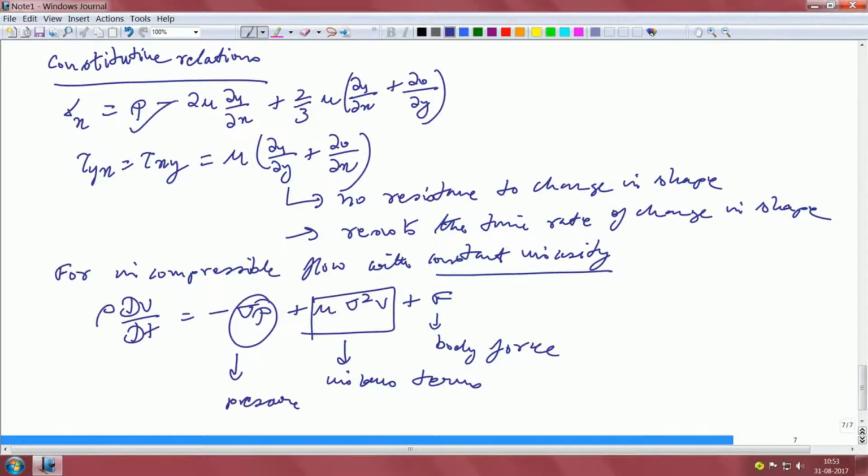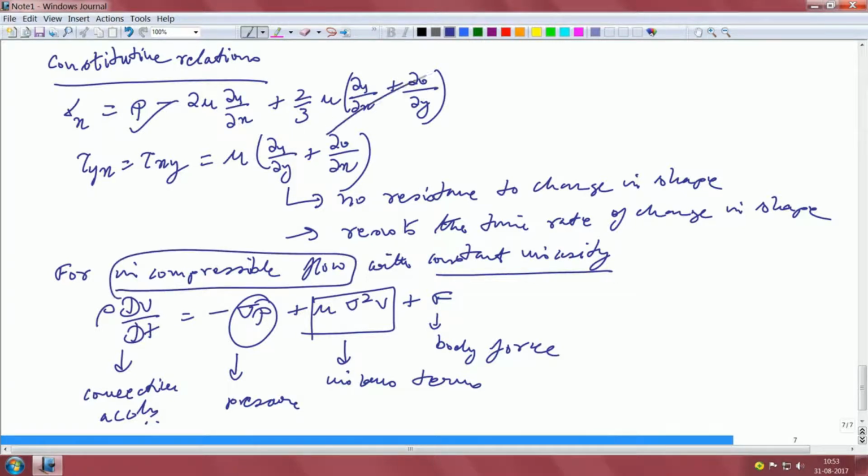It comes from here, and this is basically your convective acceleration. If you look, when you are using incompressible flow, this particular term actually goes to 0. That particular term actually goes to 0, got it.